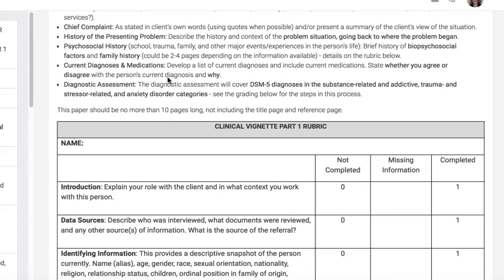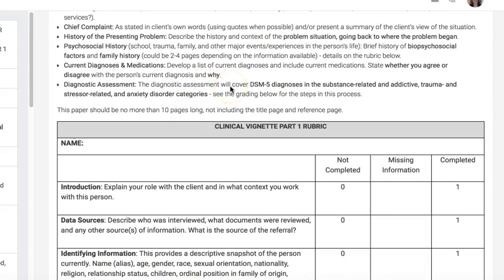You might later in the course change your mind. That's perfectly okay. In fact, we hope that your experience is an evolving experience in understanding mental health conditions and then applying that knowledge to this particular person.